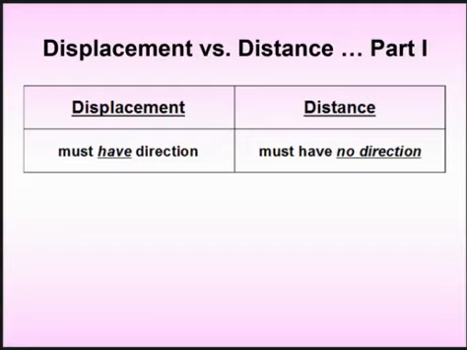Distance not only does not need a direction, no, it must have no direction. If I ever read that the distance traveled is 3 meters south, I have to take a mark off. This is an example of a case where providing more information than you need is actually going to backfire. Okay? By the way, I'll prove to you why distance does not need a direction.